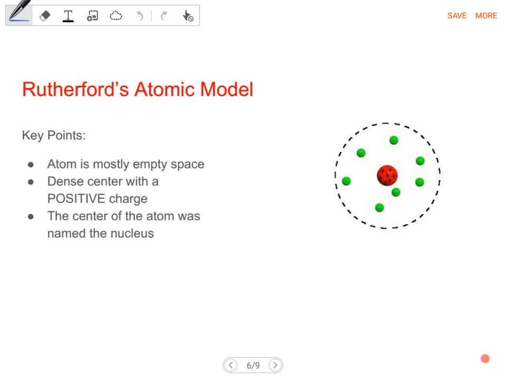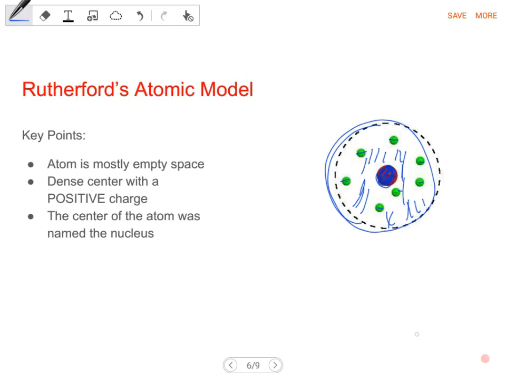To summarize what Rutherford came up with, this is his atomic model. We're getting a little bit closer, but not exactly on the ball just yet. So here you have the atom. As you can see, most of it is just empty space. And what he believed is that in the middle you have your dense positive nucleus, and you have electrons floating around the space.